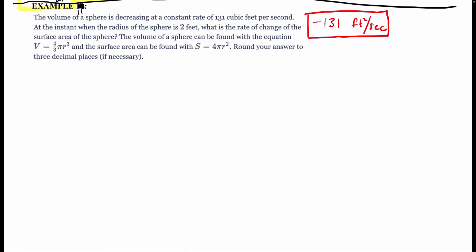So the volume is decreasing, so dV over dt equals negative 131 feet cubed per second. At the instant when the radius is 2 feet, what is the rate of change of the surface area?